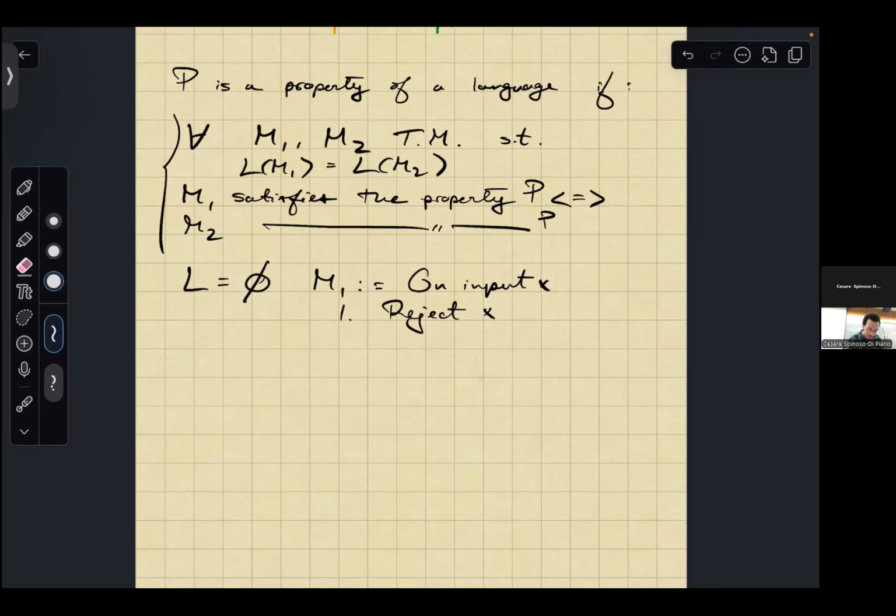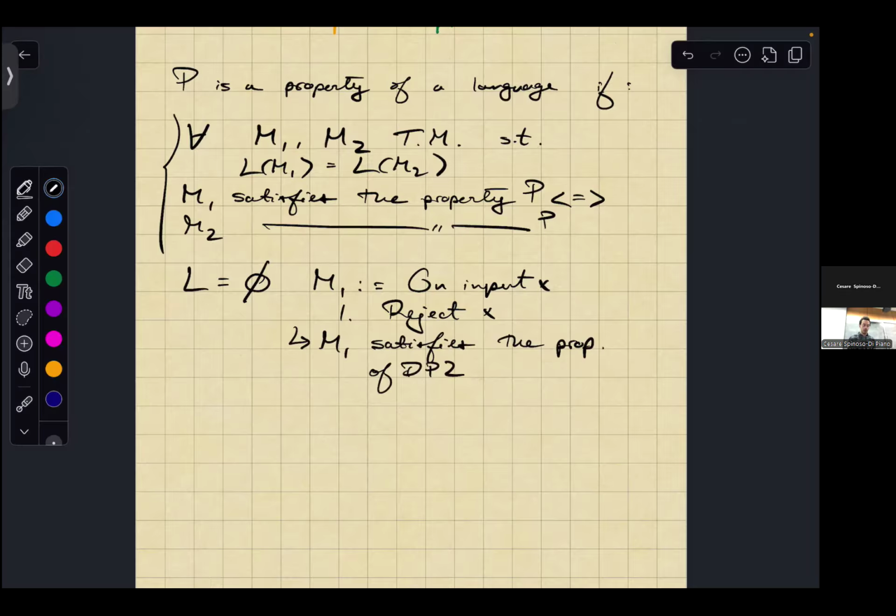So that means that M1 satisfies the property of decision problem 2. But I can create a similar Turing machine which accepts the same exact language, but where the property is not satisfied. Does anyone have an idea what the Turing machine should be?